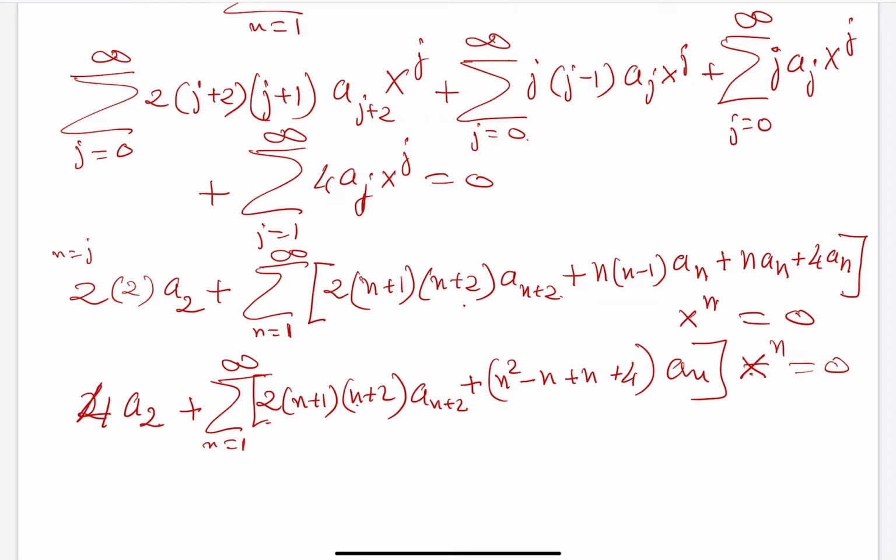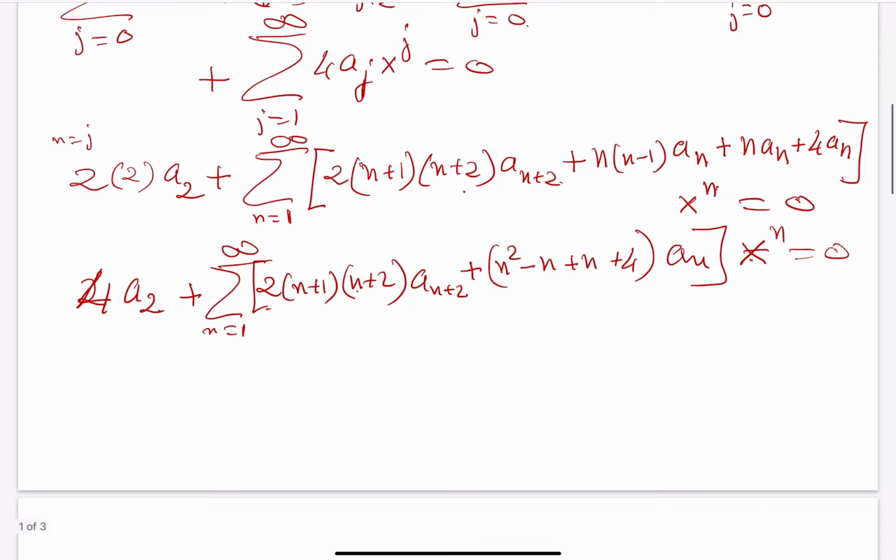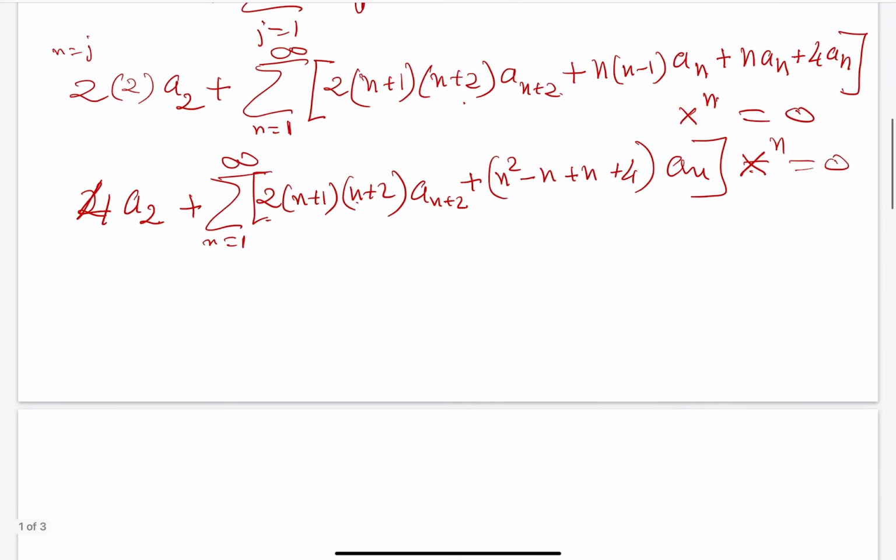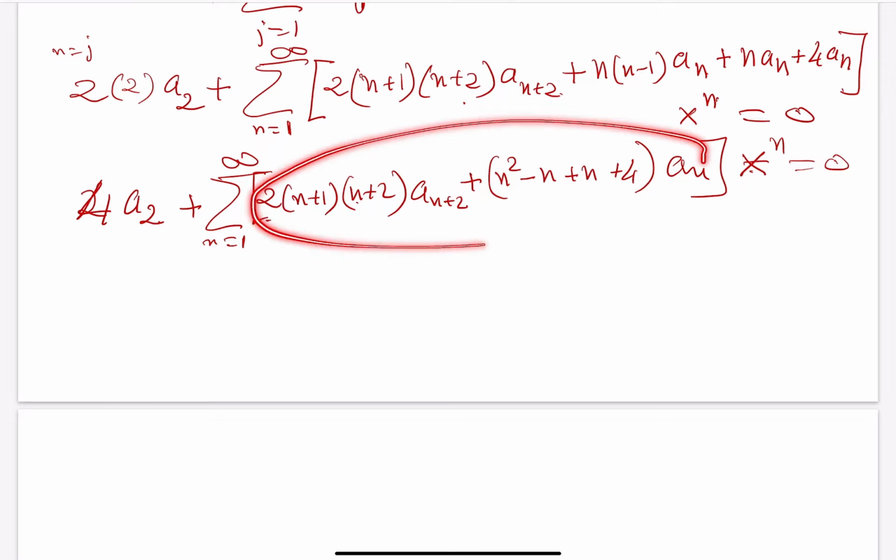So what I should do is move it outside, and you can tell here what a0 will be. The recurrence relation is when you take the inside one and set it equal to 0.